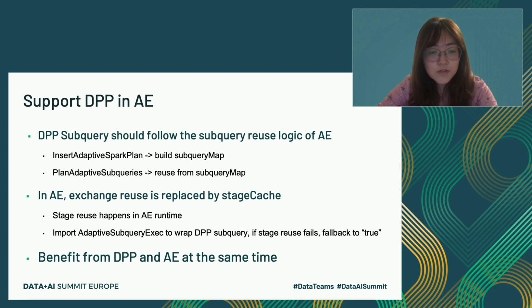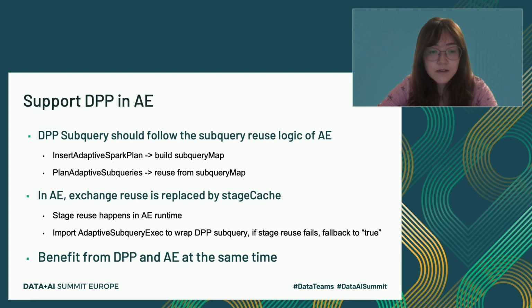But one thing to notice is that the stage reuse may fail in the runtime AE logic. We cannot know, like with pre-calculated rules, when the exchange will be reused. So if the stage reuse fails, we need to fall back. In this way, we import a new exec class, named Adaptive Subquery Exec.